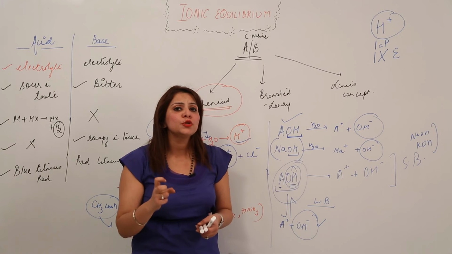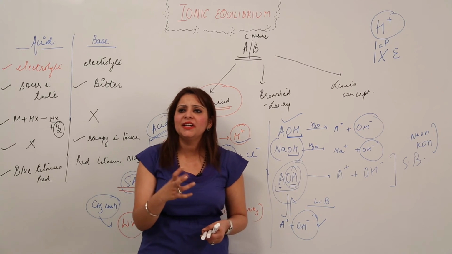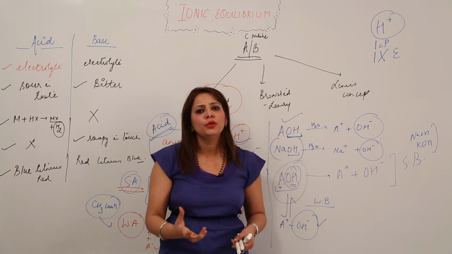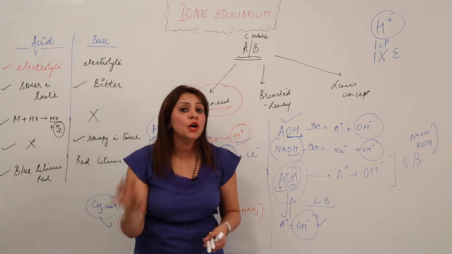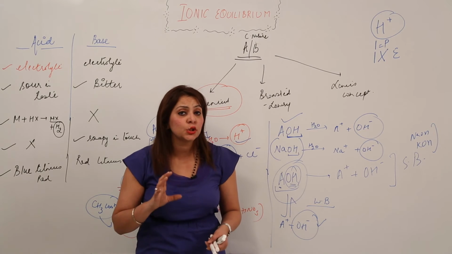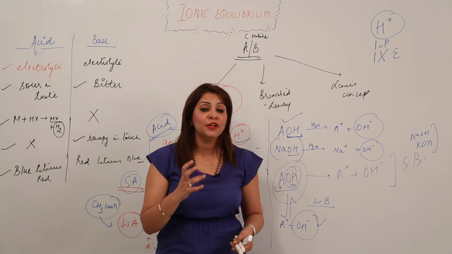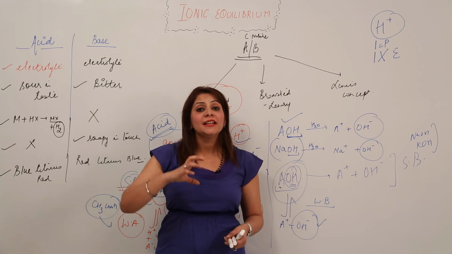And its size is too small, almost like the size of the nucleus. So that means it has got a strong positive field around it, because the smaller the size, you know, the more intense the magnitude of charge.